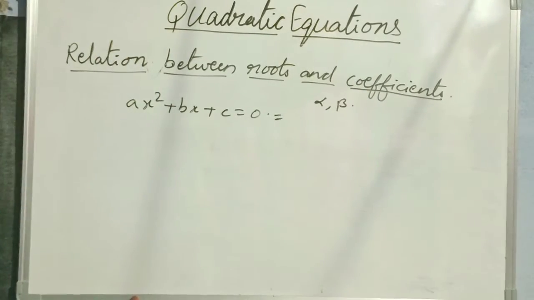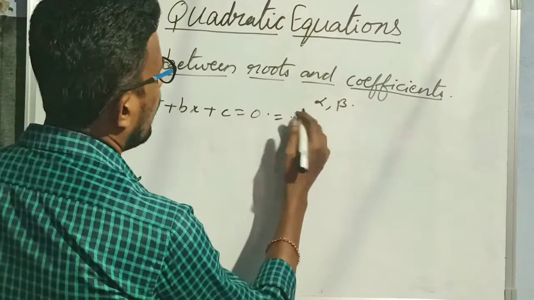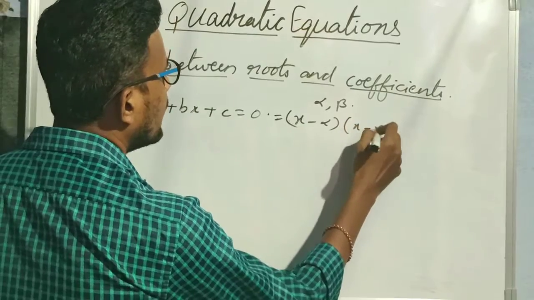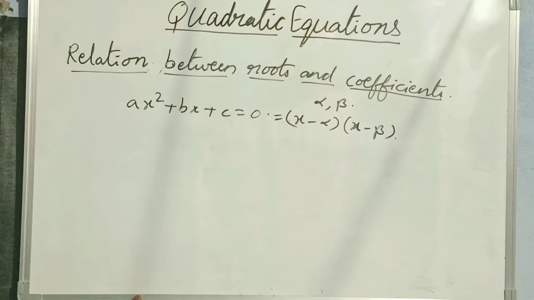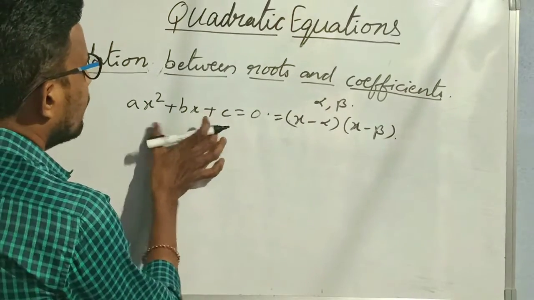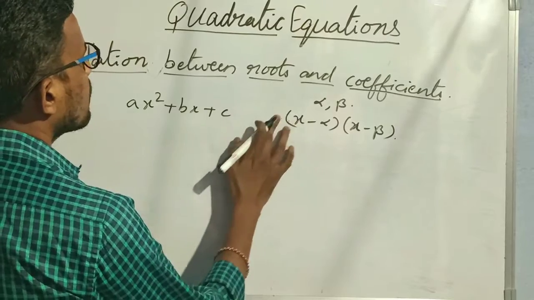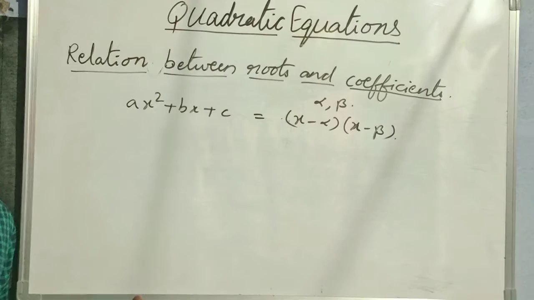So what I am doing means I have to write like this, right? When I split into factors, then I am getting x minus alpha into x minus beta, right? So this will be equal to ax square plus bx plus c is equal to x minus alpha into x minus beta.